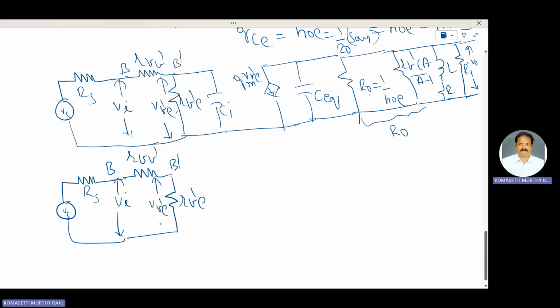This one is VB'E. This capacitance is CA. This one is GM VB'E.